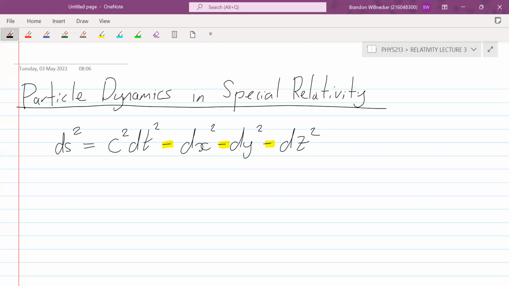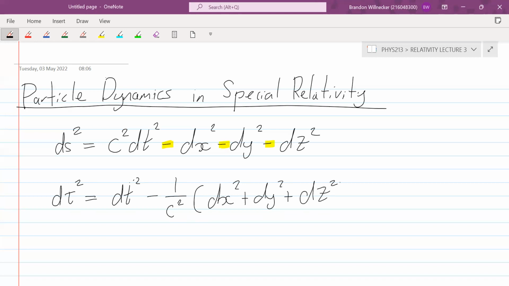Then from that, we introduced the idea of proper time, where we wrote d tau squared is equal to dt squared minus 1 over c squared times dx squared plus dy squared plus dz squared.